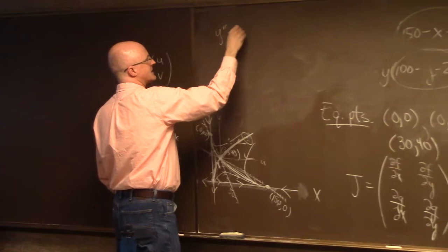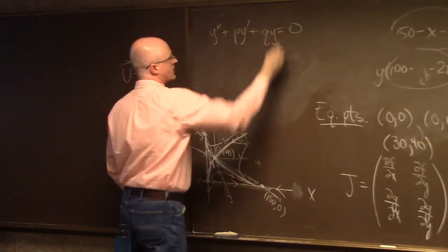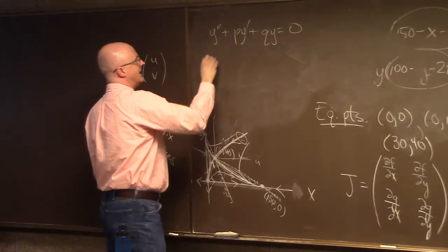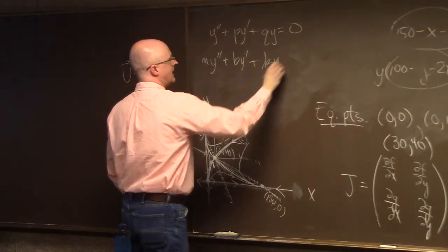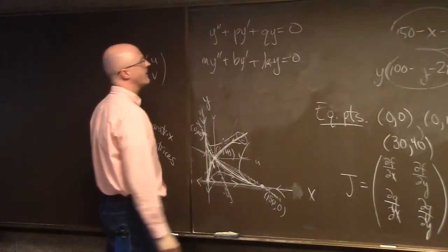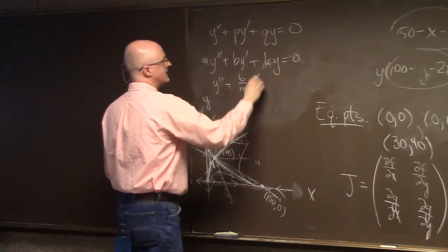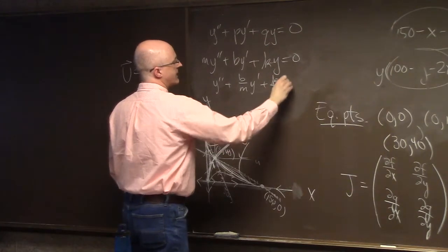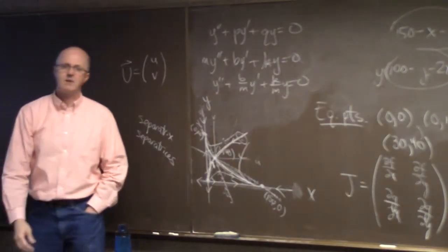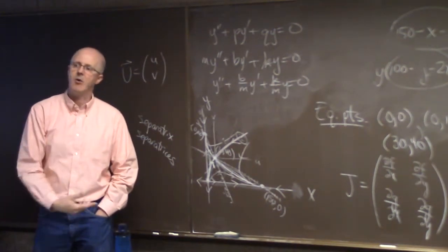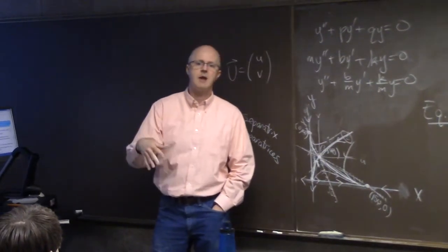So the differential equation, just for the sake of time, I'm going to write with prime notation here. The differential equation could look like that. It could look like this. This is how you'd write it initially with M, B, and K. Okay, there. I could divide everything by M. No matter how I write it, you should be able to use the quadratic formula to help you figure out what conditions on M, B, and K, or P and Q give you overdamping, critical damping, or underdamping.